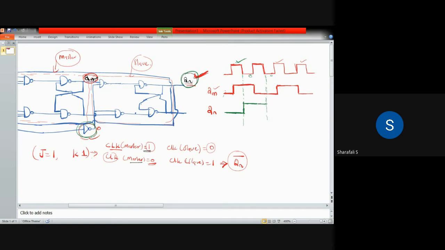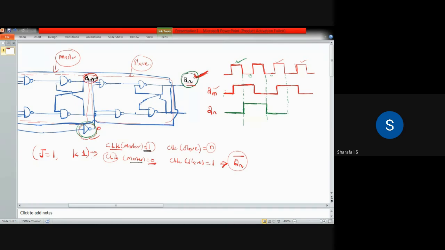So it will be continuing at that point, and it will be coming down, that is toggling to 0. It is coming down to 0, and it will continue in 0 state until the next 0 of your clock pulse.